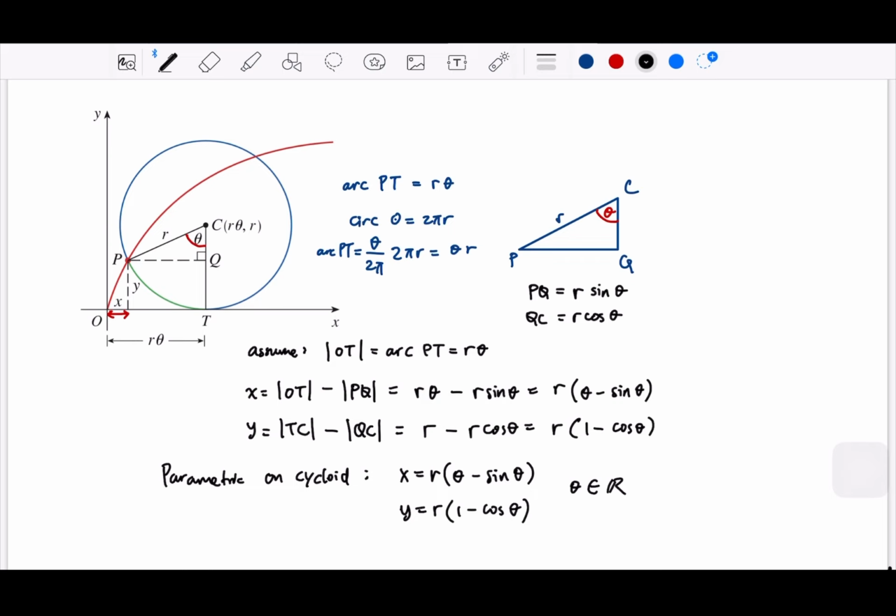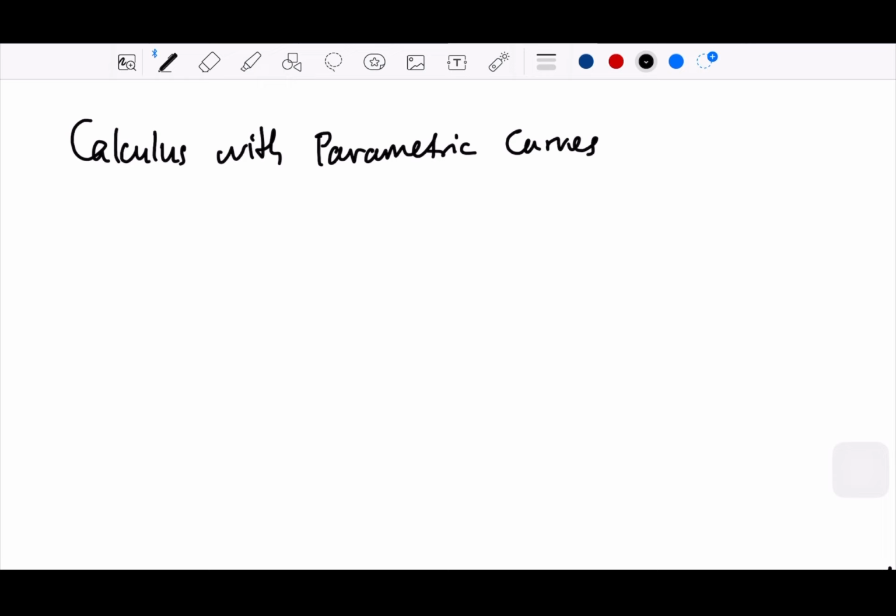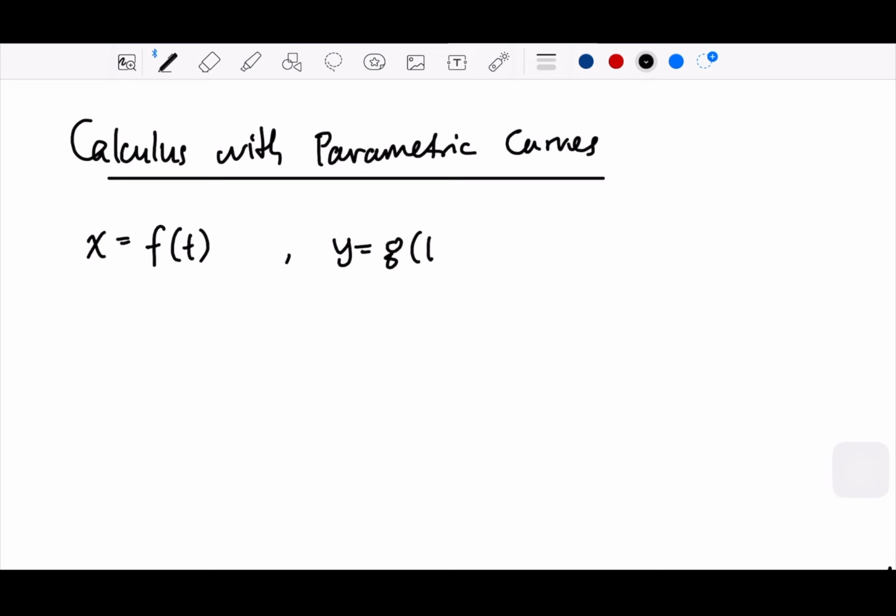Okay, now let's move to the calculus with parametric curves. To start with, imagine we have x as a function of t, and y as a function of t as well.